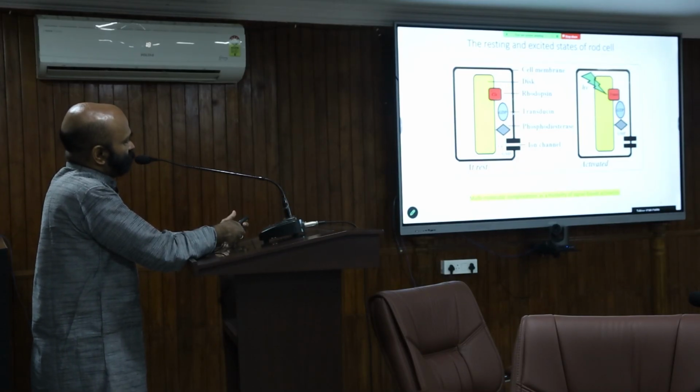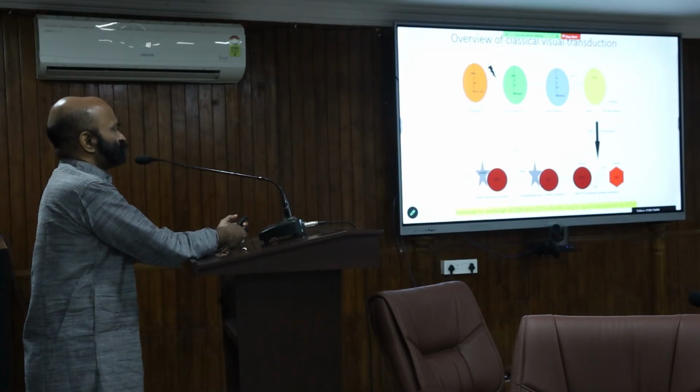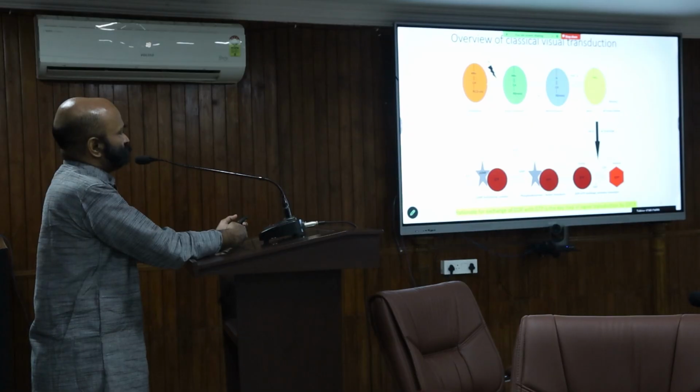The resting state is like this, and the activated state is photon trans. It becomes that GDP, GTP is bound, and then the calcium ion channels and cyclic GMP cascades and all are activated.